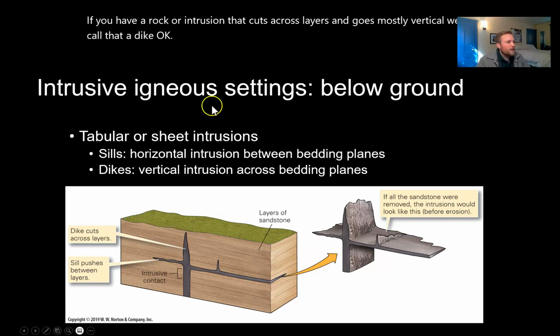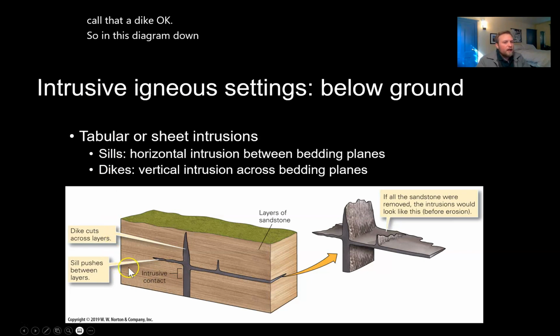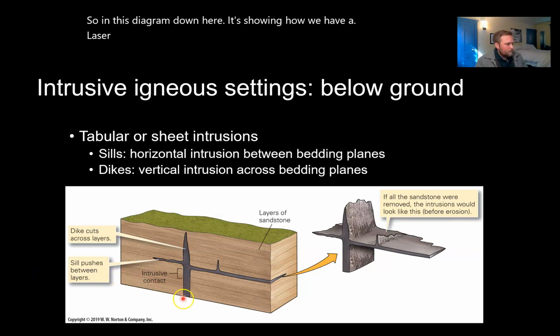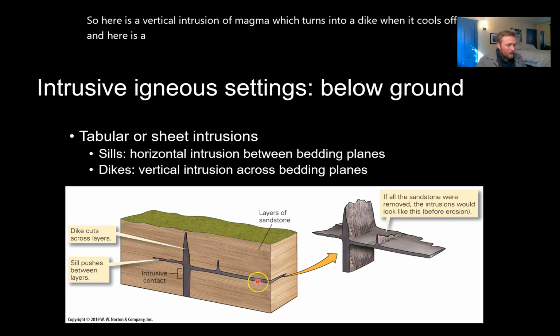So in this diagram, here is a vertical intrusion of magma, which turns into a dike when it cools off. And here is a horizontal plane of magma that has intruded and cooled into a sill.